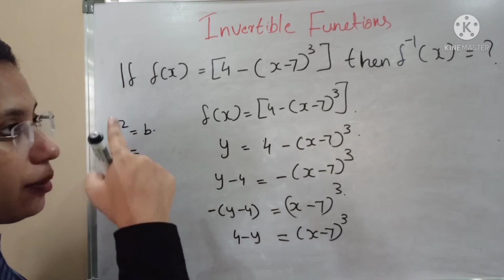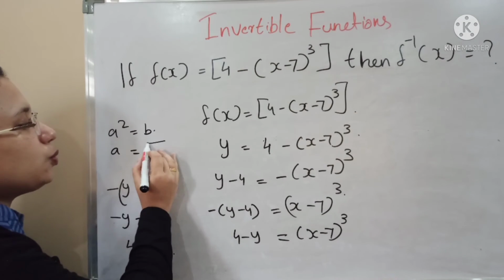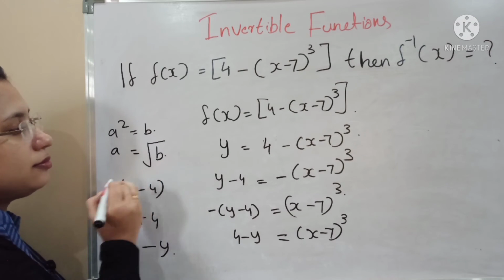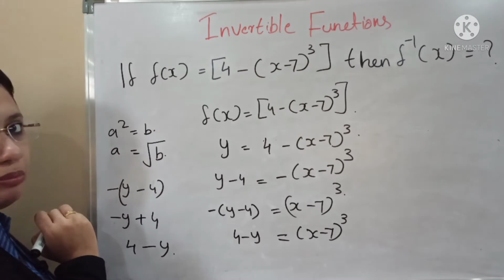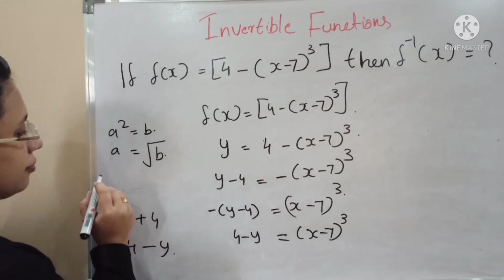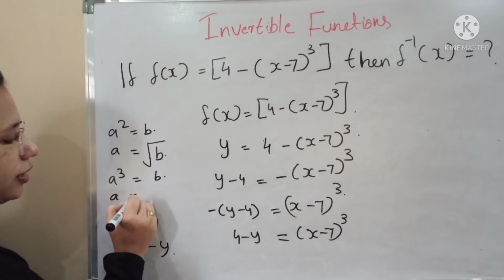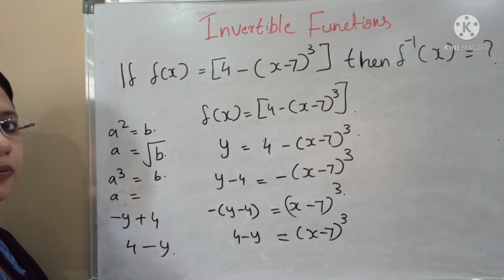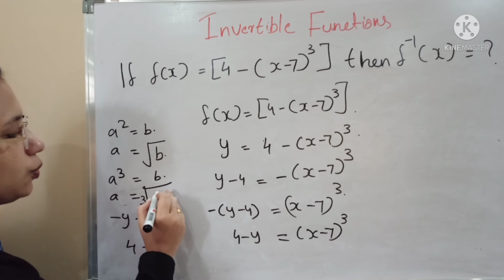So when square moves to the other side, it will turn as root. Root b. Similarly, if a cube equals b, then a equals what? Same thing, cube root of b.